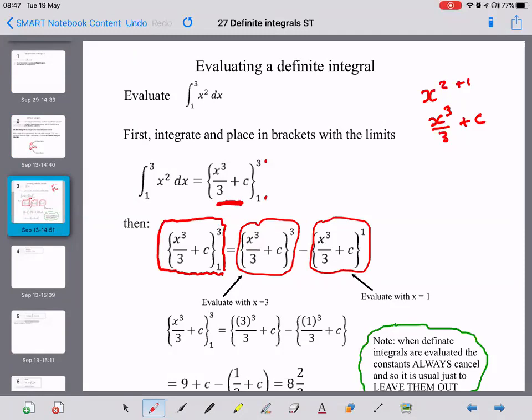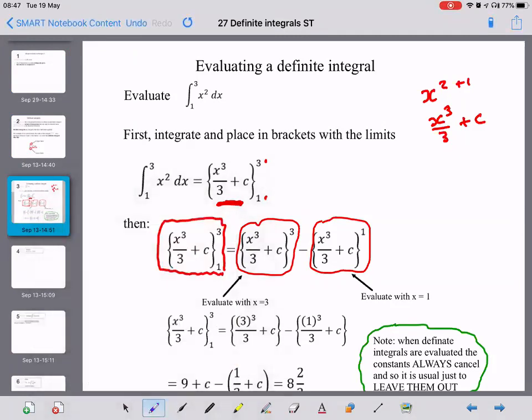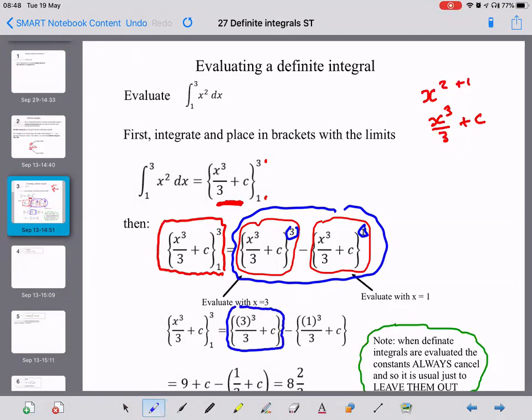So we take these two values, 3 and 1, and put them into the function. In this one, we've put in x equals 3, and in this one, x equals 1.